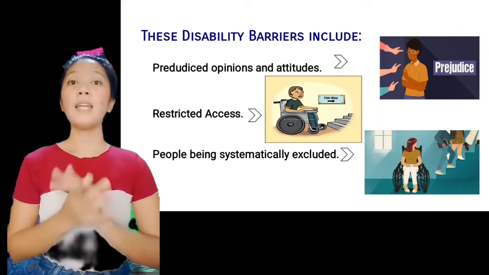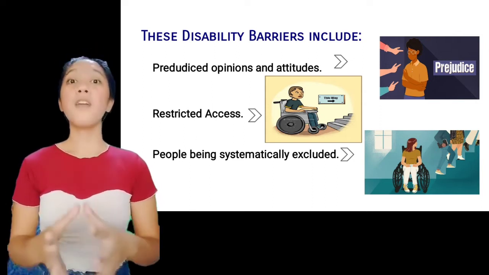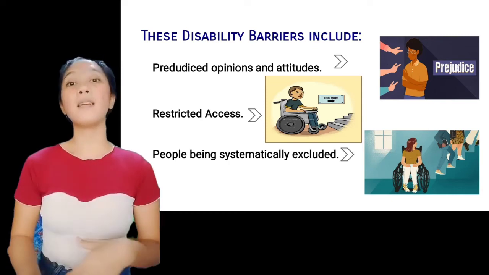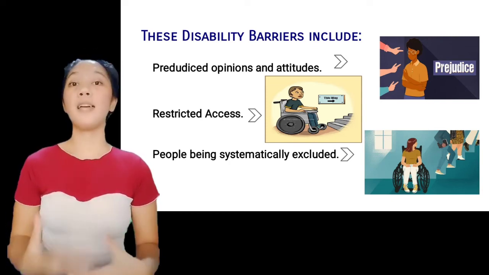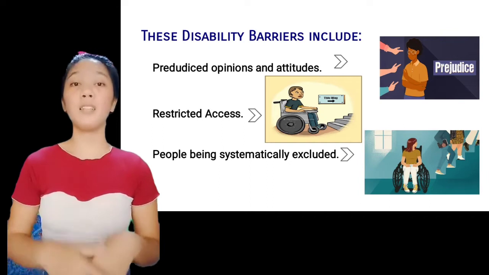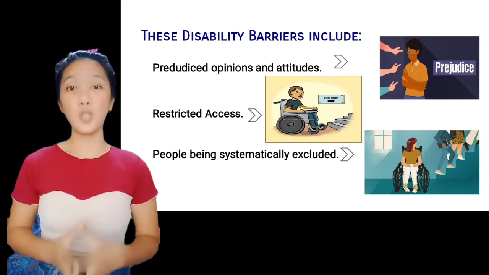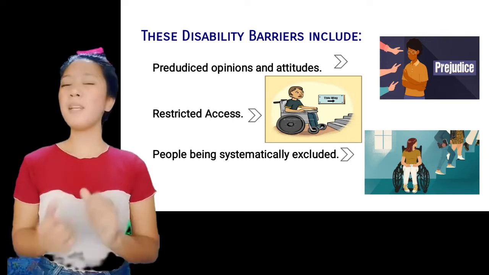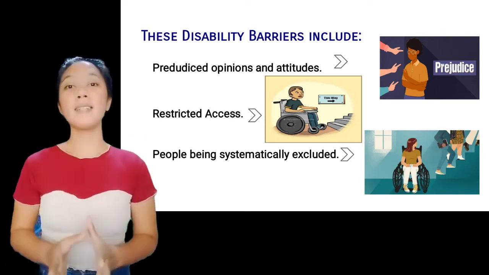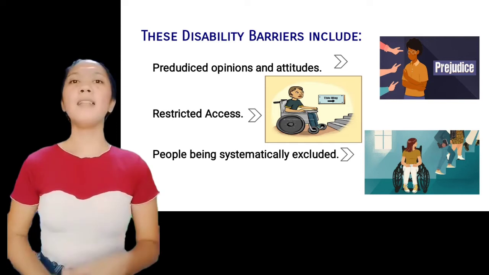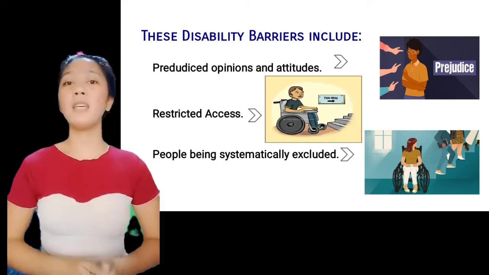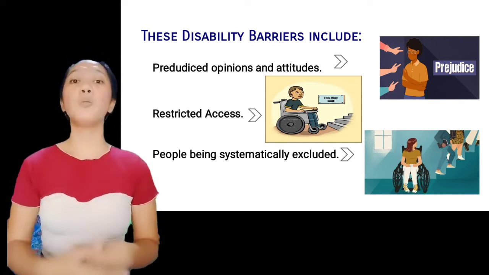Much of the disabled community faces exclusion from parts of society, and people take that for granted. Disability exclusion has stemmed from the belief that having a disability makes you less than.